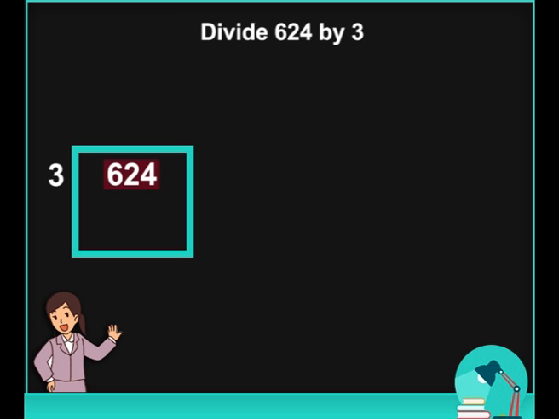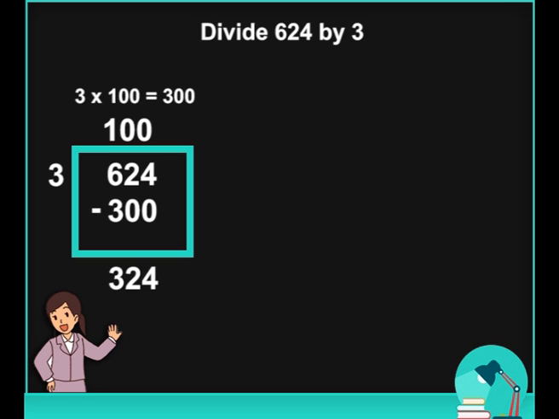As you can see, our dividend is a 3-digit number, so let us start with 100. Place 100 on the top and subtract the product of 3 and 100 from the dividend 624. That will leave 324. Add an additional box to the right hand side of the original box and put 324 on the inside of the additional box.